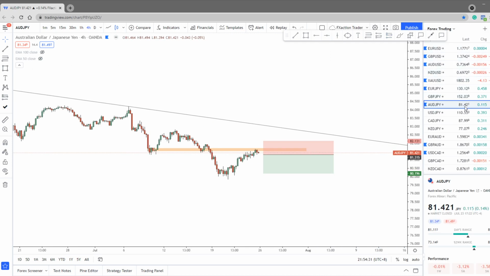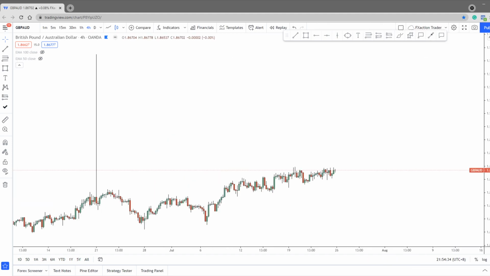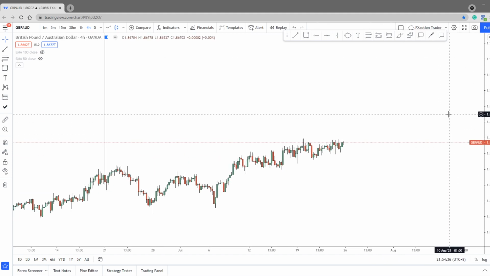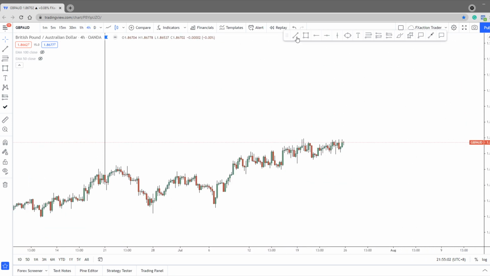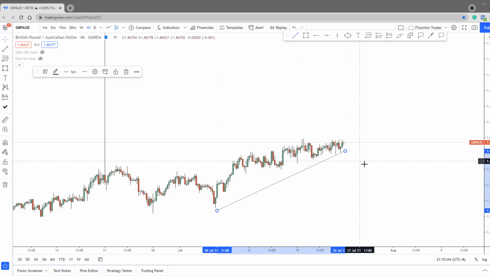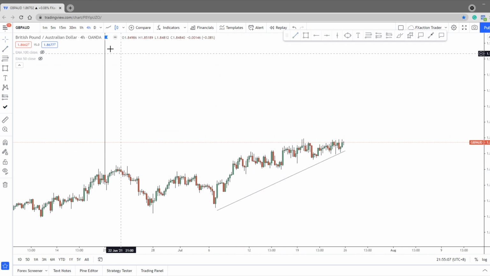Let us go to the last pair for this week, the pound Aussie. We have discussed the Aussie dollar and Aussie yen, and both these Aussie pairs are currently in a short trend. So in this pound pair, there is a high likelihood for it to be in a buy trend. In terms of daily or H4, we can still see that the market is moving slowly upwards and creating higher highs and higher lows.